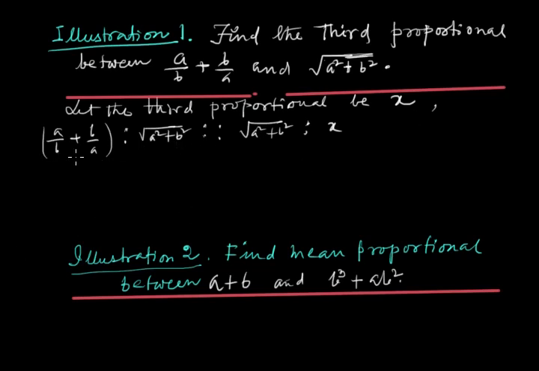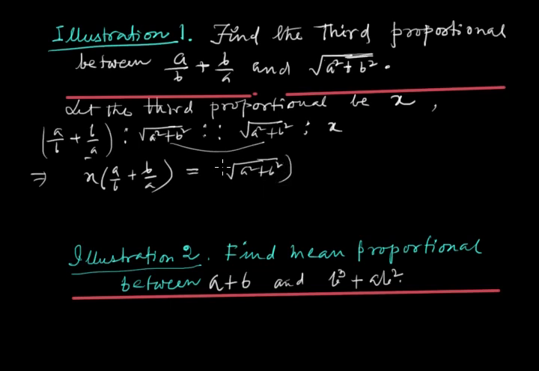So this implies, the product of the extremes is equal to the product of the means. So A by B plus B by A into X is equal to root over A square plus B square into root over A square plus B square.